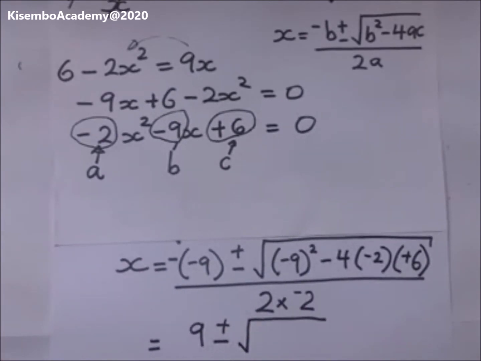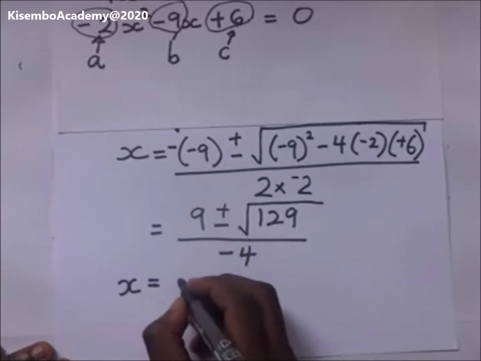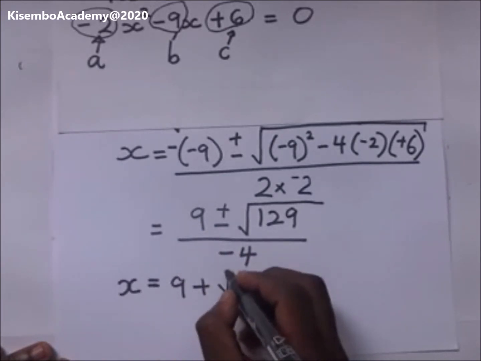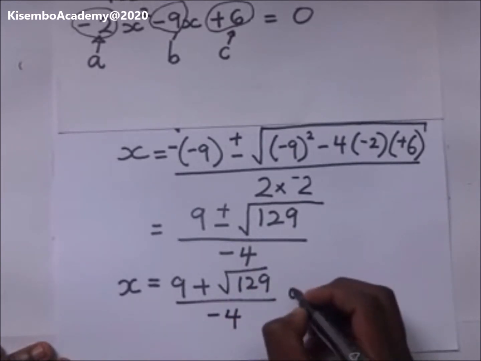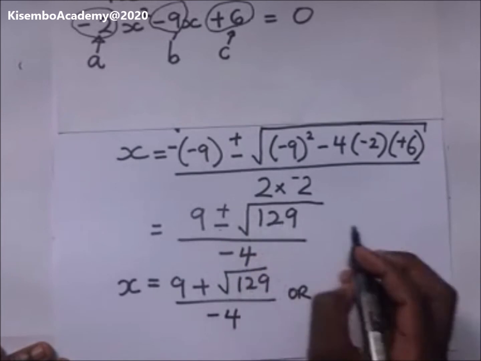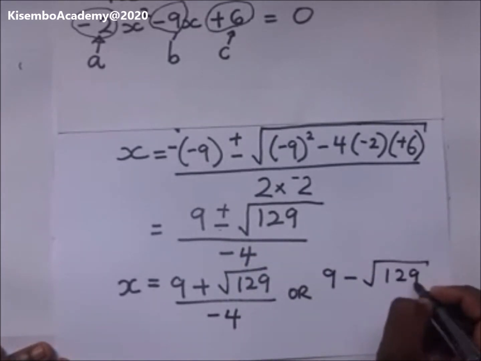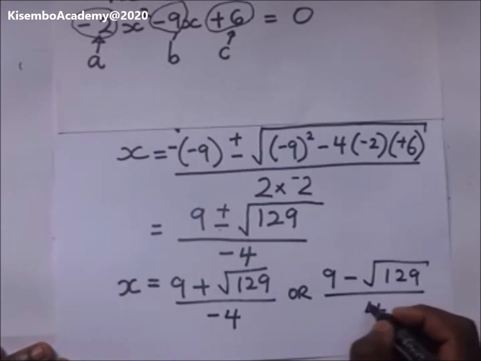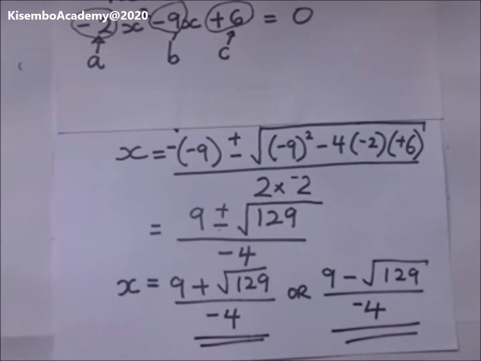So the answer we get is either 9 plus the square root of 129 over negative 4, or it's going to be 9 minus the square root of 129 over negative 4. These are our two values of x.